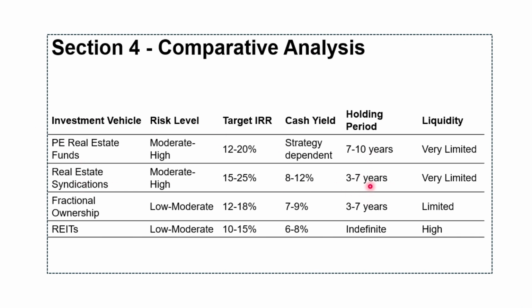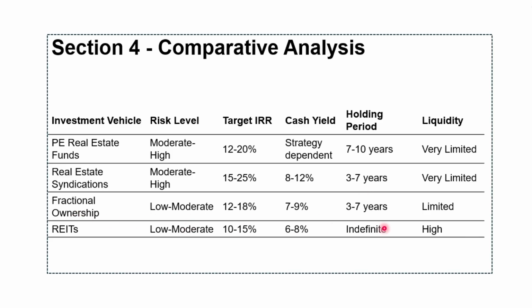For PE real estate funds, you depend on the fund to decide which property they want to invest in. For real estate syndication, you are exactly clear about which property you are investing in. So that is how the strategy would be, and the holding period will also depend on that.